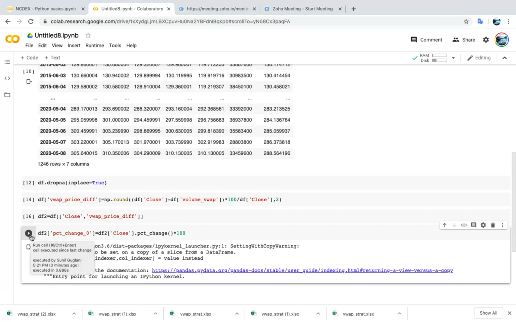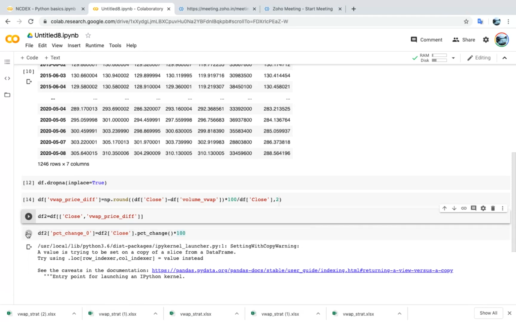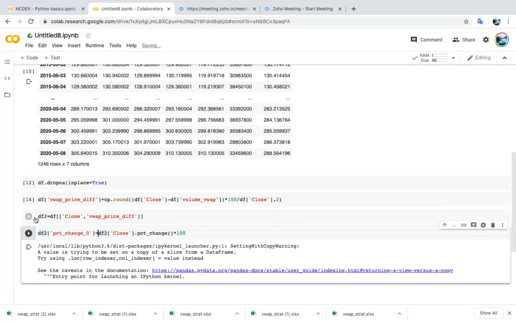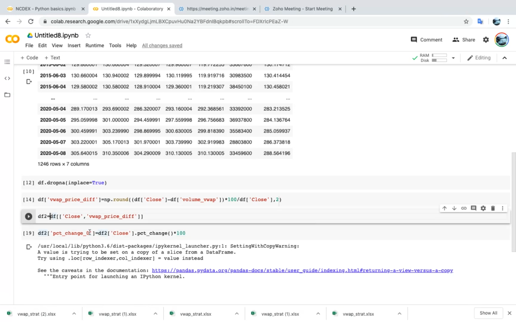Oh, again. Let us see whether df2 is working or not.